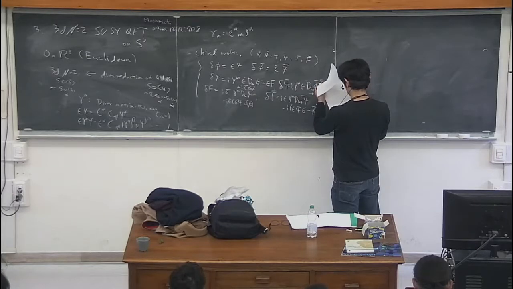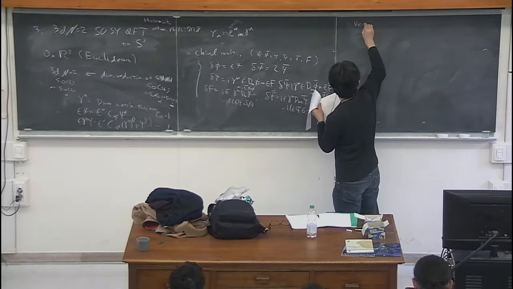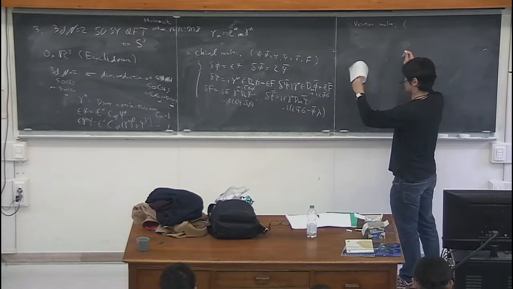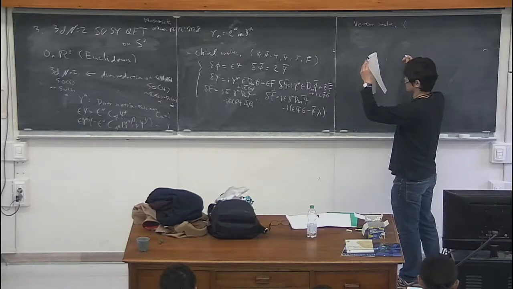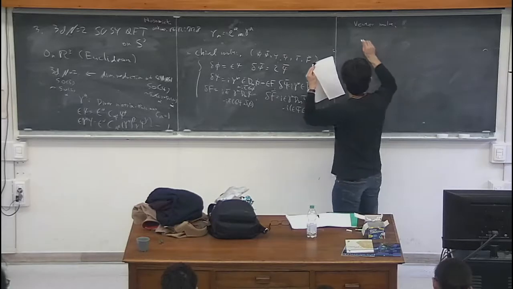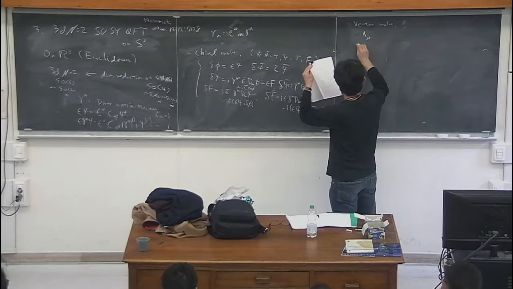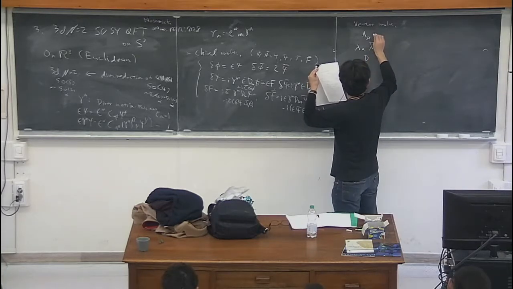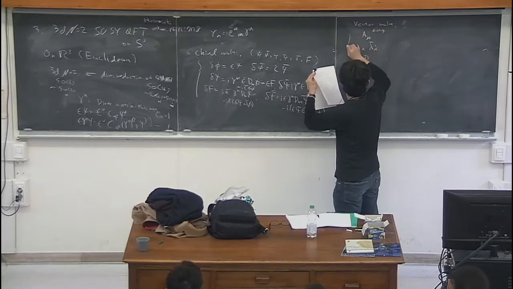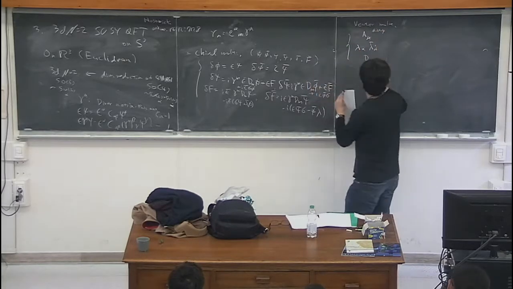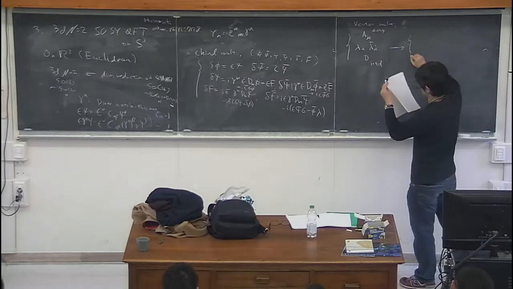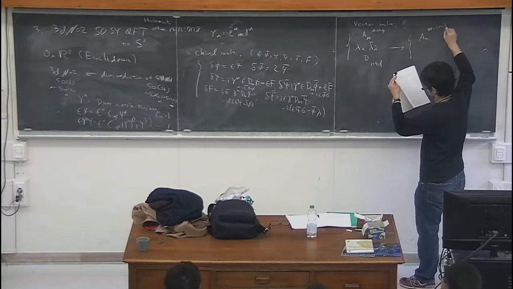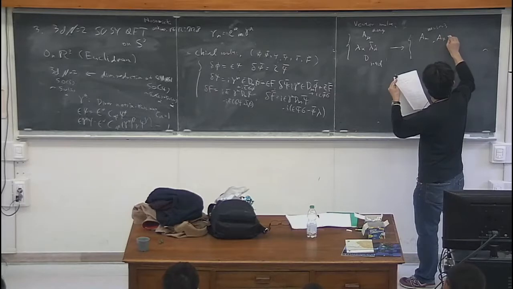Okay, the vector multiplet in 4D is A_mu, lambda_alpha, lambda bar alpha dot, and D. Here mu is 1 to 4 in 4D. In 3D, this becomes A_m, m equal 1 to 3, and A_4, which we will call sigma.